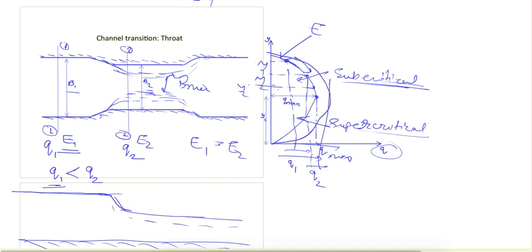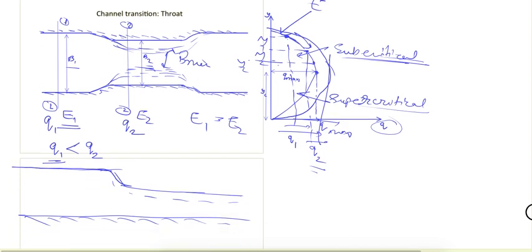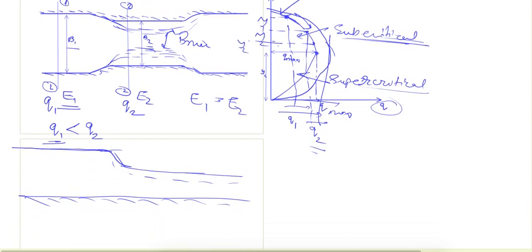This will be the new curve. In that condition only we can find out the intersection between this curve and the line for the increased discharge. Now in that case this E1 will increase, and what will happen to the section 2? As we saw, E1 is equal to E2. So E1 is increasing, then E2 will also increase.